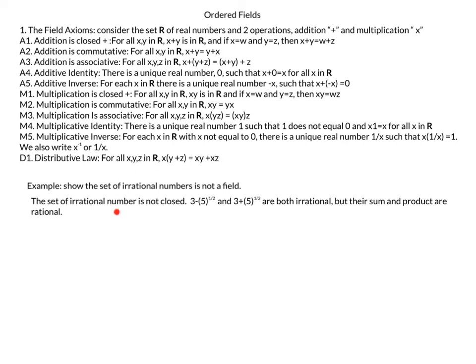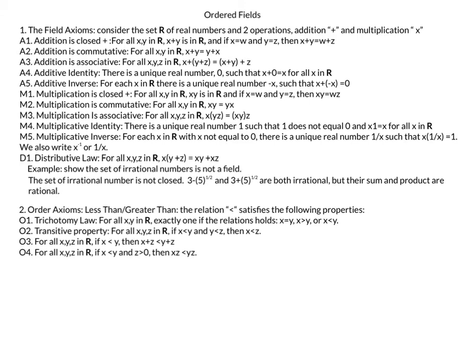And this is an example of why you can't take every set along with addition and multiplication for granted that it is going to give you a field. And if you're not in a field, not all the algebraic properties you're used to will apply.